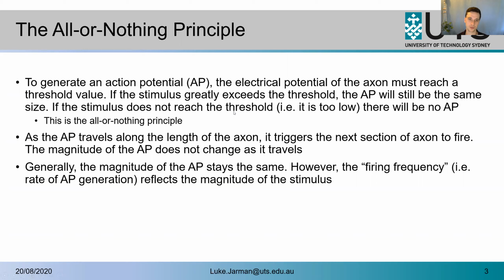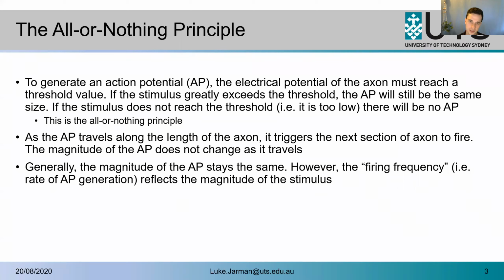As the action potential travels along the length of the axon, it triggers the next section of axon to fire, and the magnitude does not change as it travels down the axon. So generally, the magnitude of the action potential stays the same. Be very aware of that. That's one of the core features of action potentials. The way that magnitude works with action potentials, if you want to phrase it like that, is all about firing frequency.